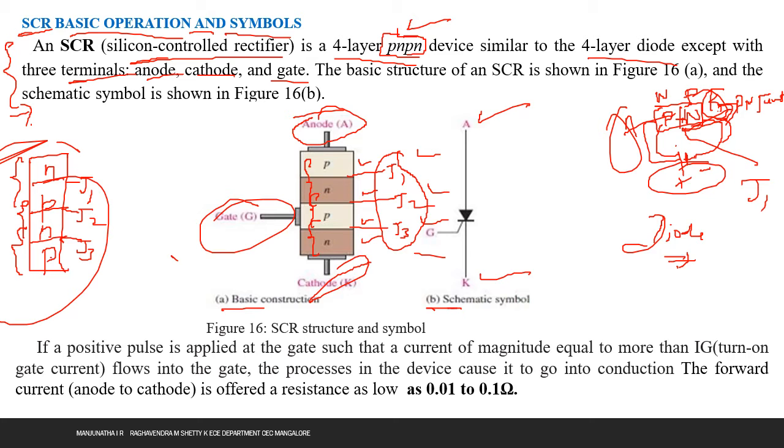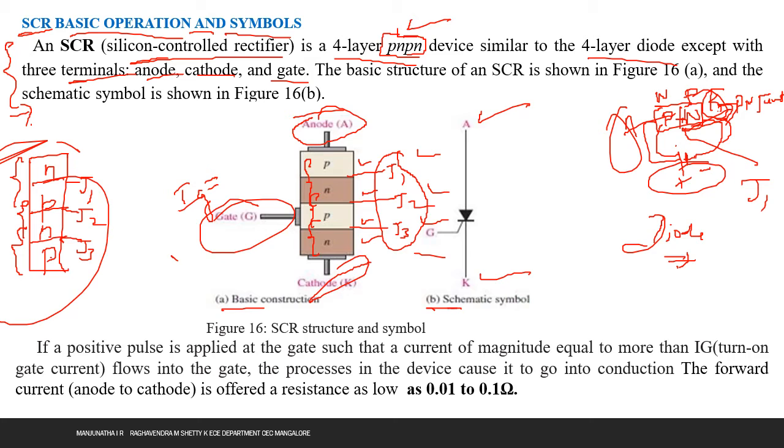And the other possibility is what? We can break down all the 3 junctions J1, J2, J3 from the gate also, through the gate. To the gate we give some voltage, and from that voltage it generates some current, and since we are feeding it through the gate, we say it is a gate current.